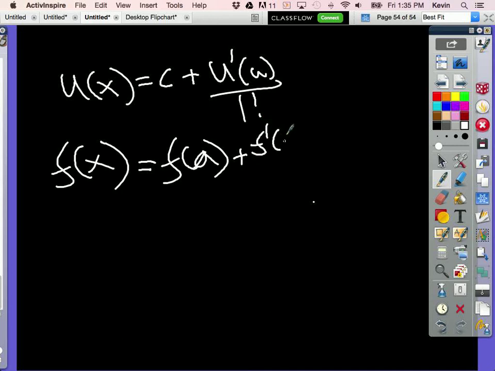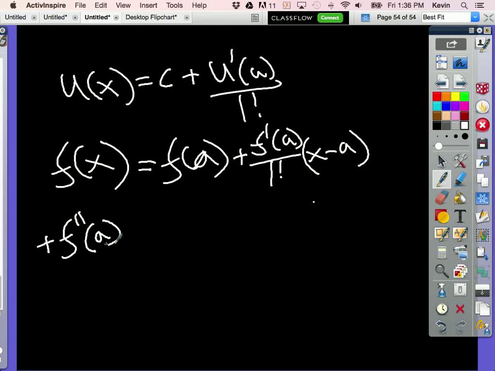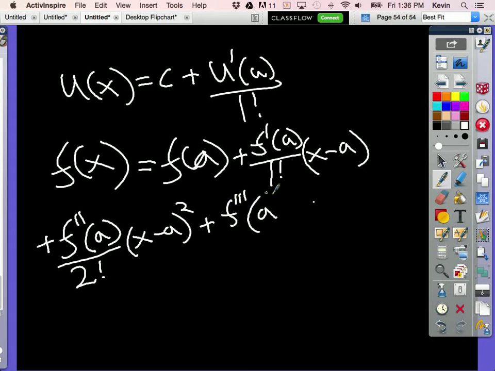f primed of A over 1 factorial times x minus A, plus f double primed evaluated at A over 2 factorial times x minus A squared, plus f triple prime evaluated at A over 3 factorial times x minus A cubed, plus dot dot dot.